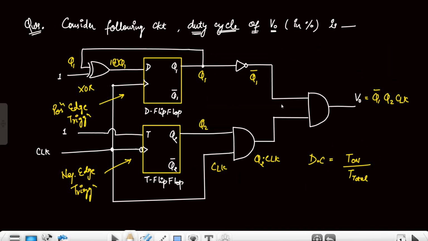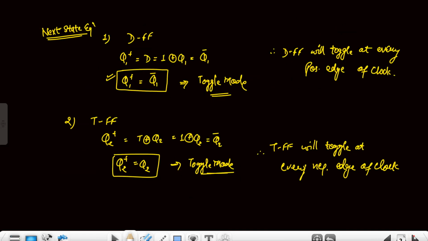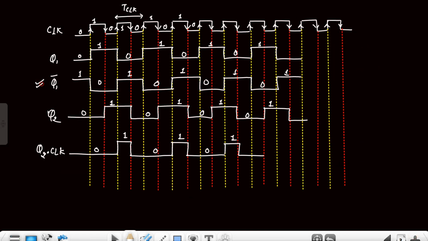After that, we just have to multiply this Q1 bar and this to get the V0. So it will be at 1 at this point only, for this duration only, and after that it is 0. This is the V0.